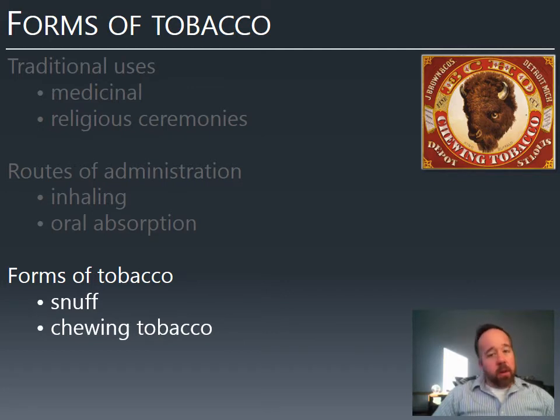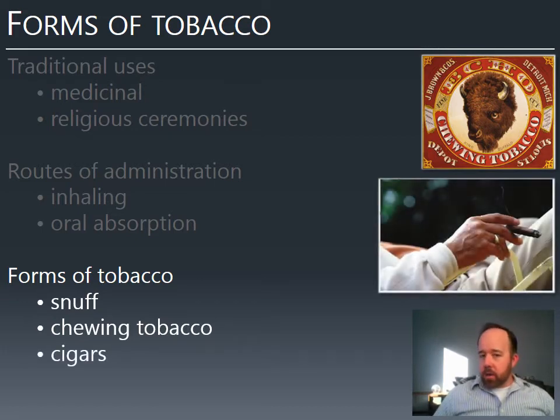And like the nose, the gums have blood vessels very close to the surface. And so it's very easy for nicotine and other aspects of the composition of tobacco, other ingredients, to make their way across the gums and into the bloodstream.